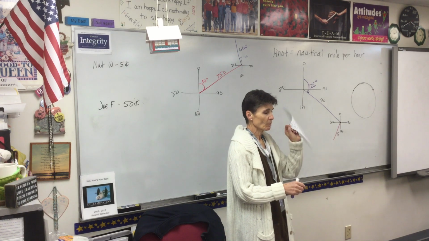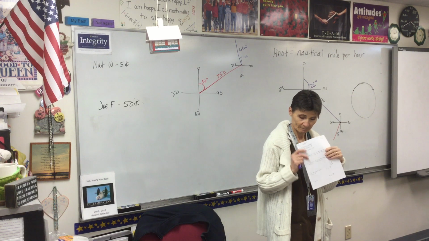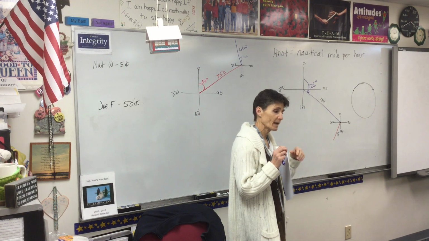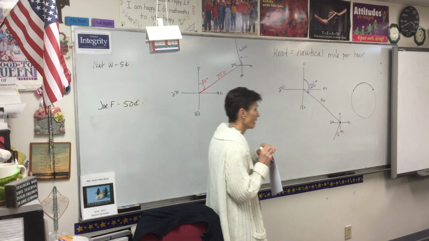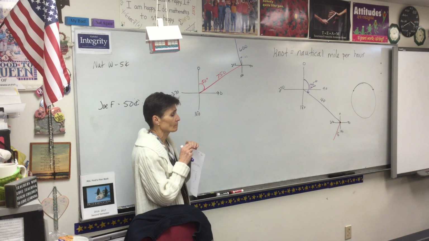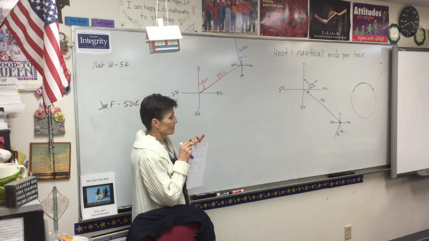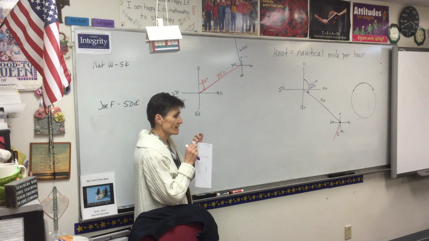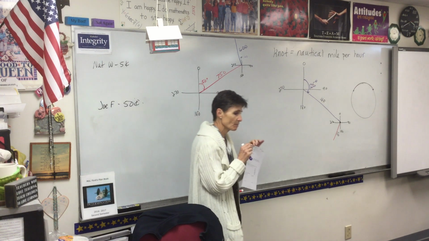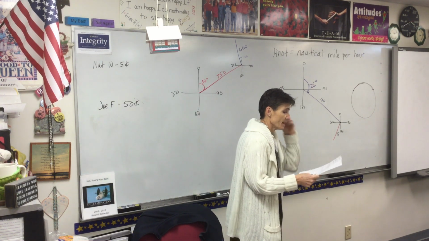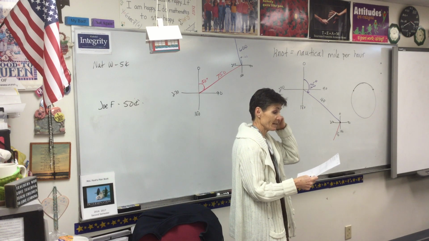So we're starting with practice test number 1. I gave these to you a while back. Everybody's got one. And actually it's called pre-test. For some reason I called it pre-test instead of practice test. And we're doing the no calculator page.